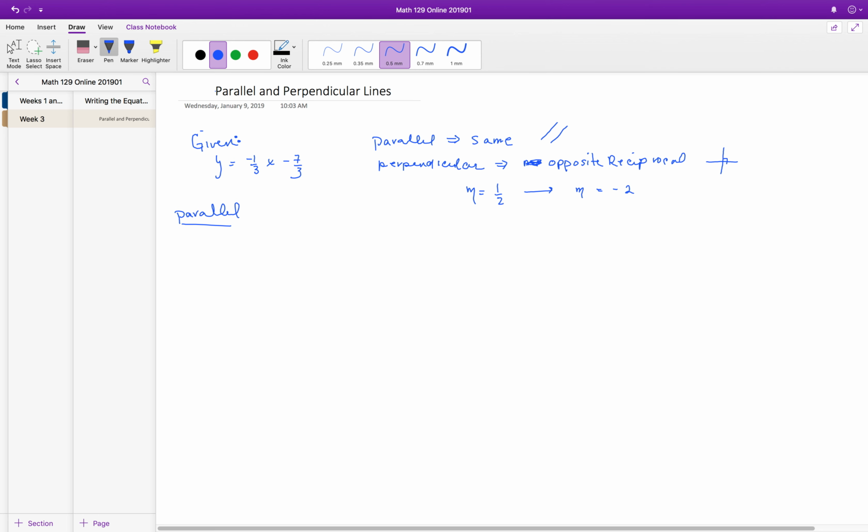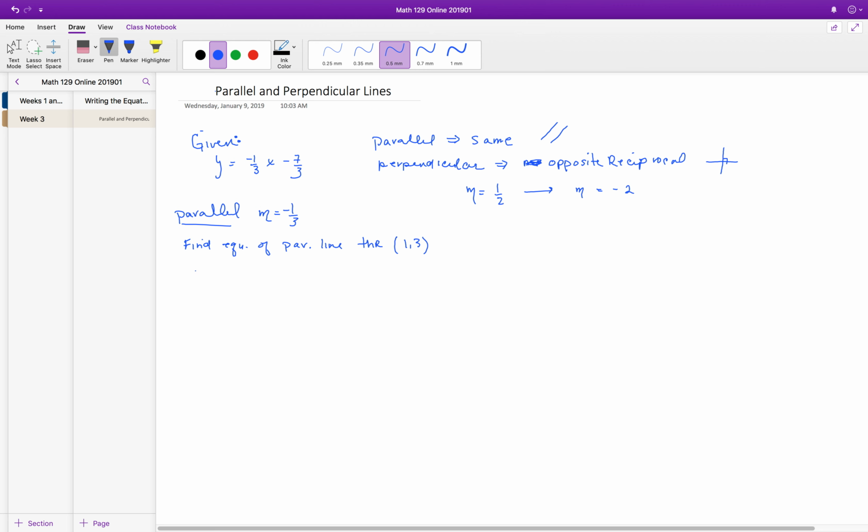Since we're finding a parallel line, we're going to use the same slope, which is negative 1/3, and then you'll be given a point. So the directions will say, find the equation of a parallel line to the given equation, and it will tell you, through the point, let's say 1, 3.